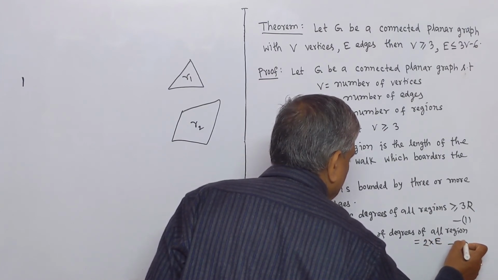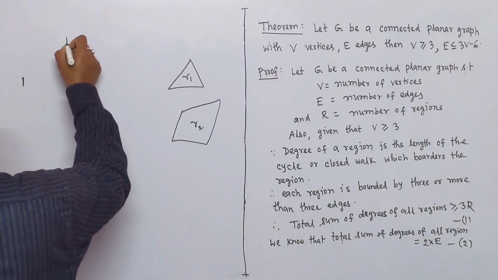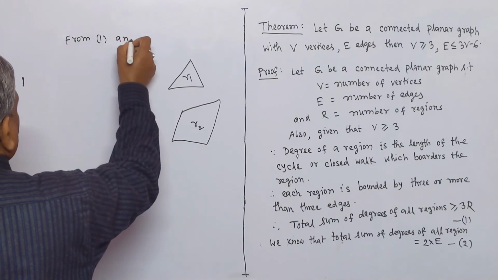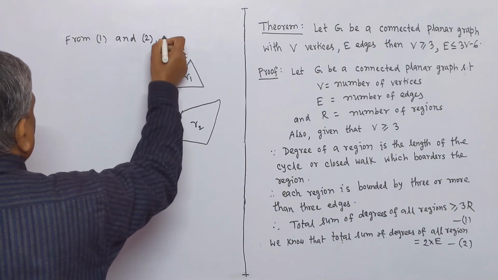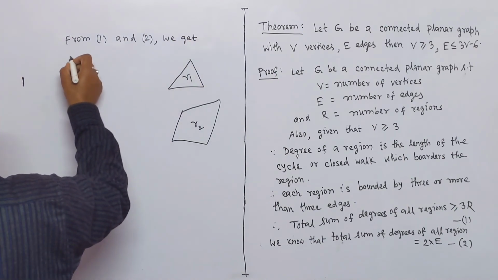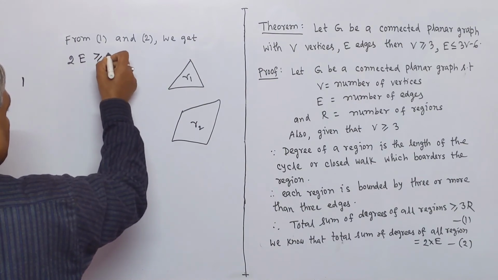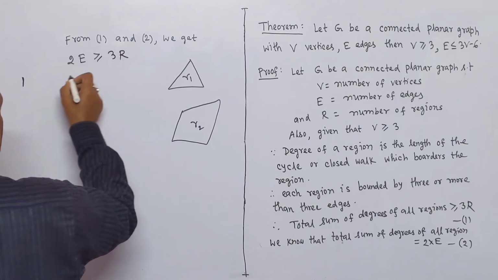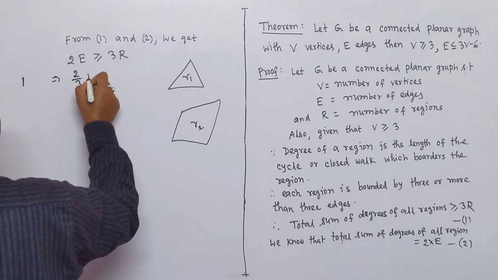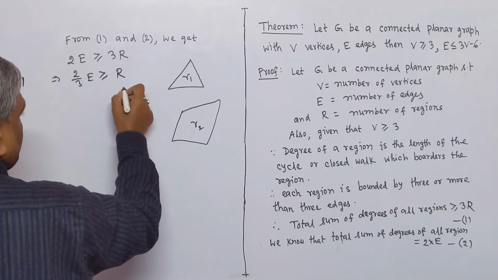This is number 2. From 1 and 2, we get 2E greater than or equal to 3R, implies that 2 by 3 E is greater than or equal to R. This is number 3.